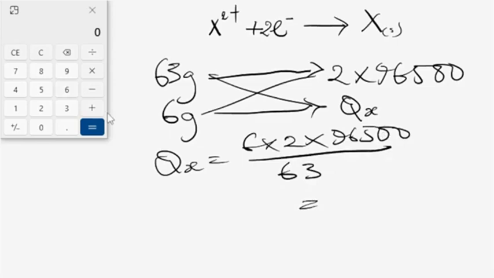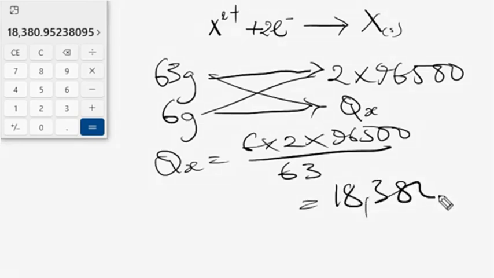So guys, this will be 6 times 2 times 96,500, and this is divided by 63, and we're going to have 18,380.95.